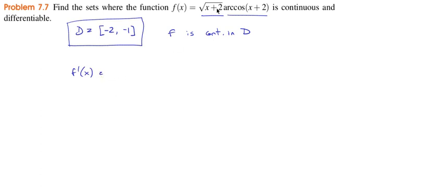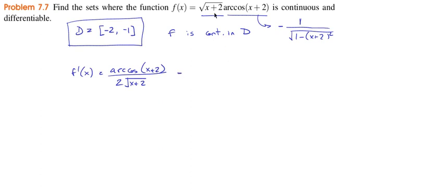So now we have the derivative of the product: the derivative of the first element, which is 1 over 2 times the square root of x plus 2, times the arc cosine of x plus 2. So we have the arc cosine of x plus 2 divided by 2 times the square root of x plus 2, right? And then the derivative of x plus 2, which is 1. And then we have the derivative of the arc cosine, which is -1 over the square root of 1 minus x plus 2 squared, right?